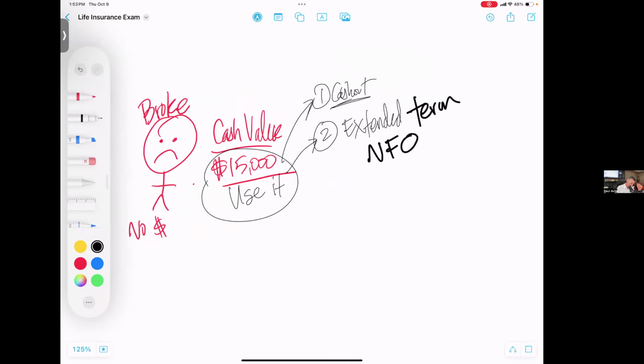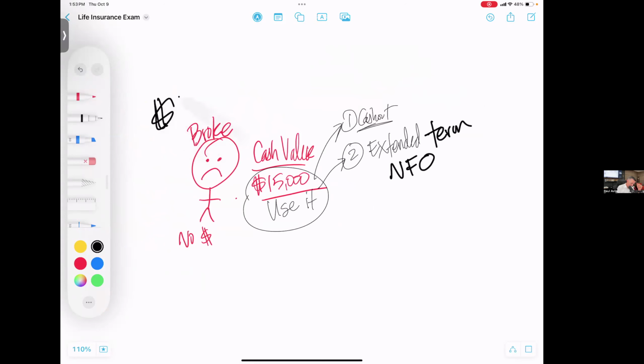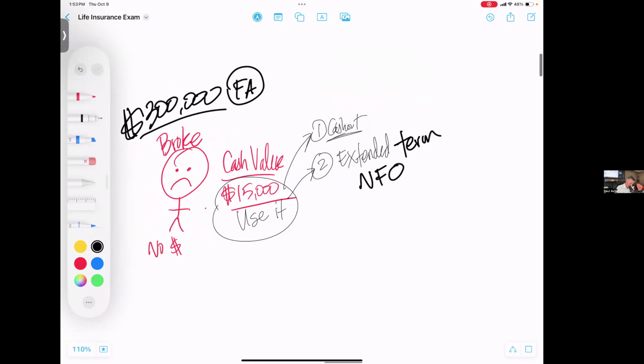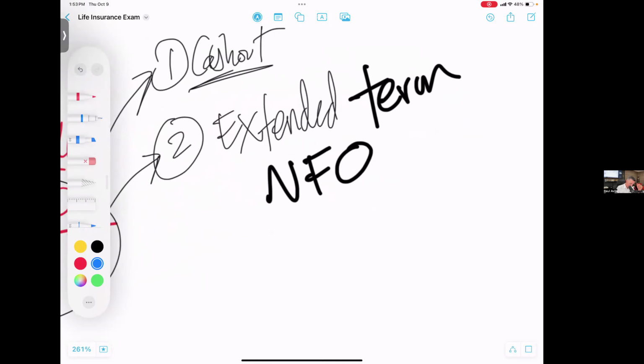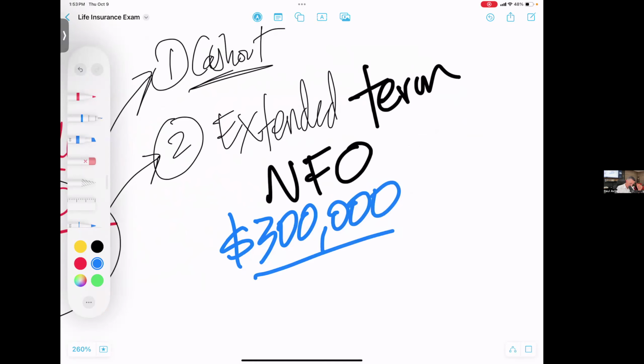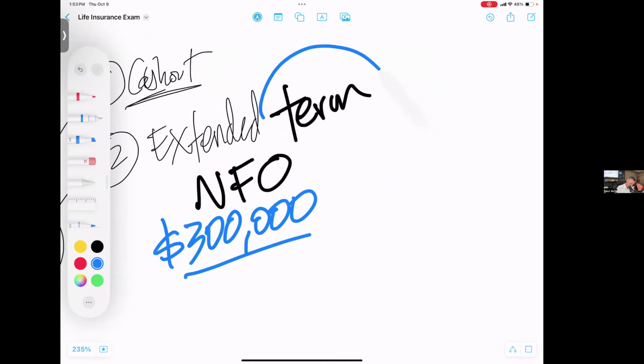Let's say the client had $300,000 in coverage, the face amount. With extended term, the client keeps the $300,000 in coverage, but it now goes to term insurance. So it's going to end soon. It doesn't go to age 100, but it keeps the same coverage.